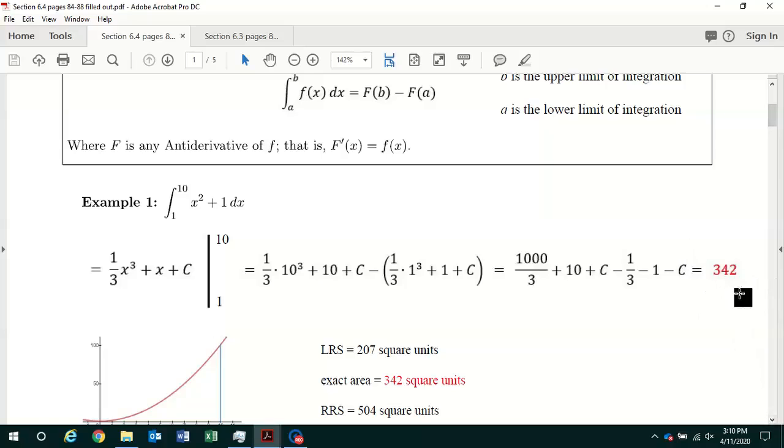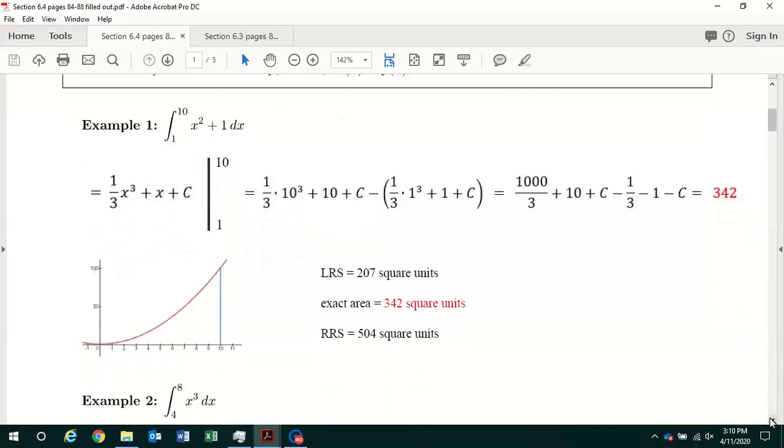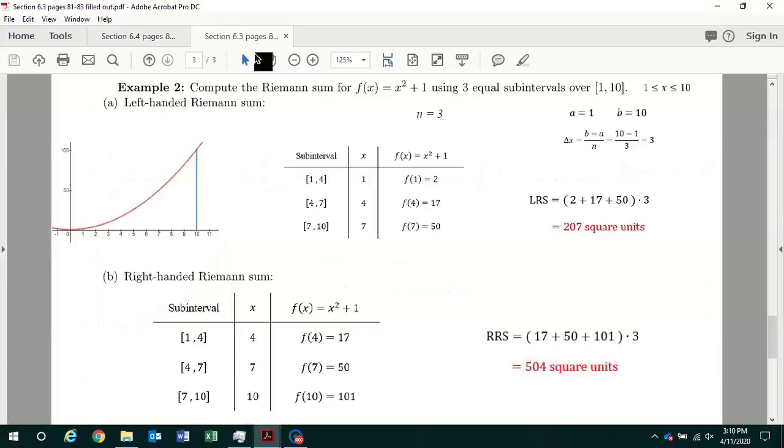The value of this definite integral has an interesting meaning. If you remember back in section 6.3 on page 83, we computed the Riemann sum for this function, f of x equals x squared plus 1. We did a left-handed Riemann sum and a right-handed Riemann sum.